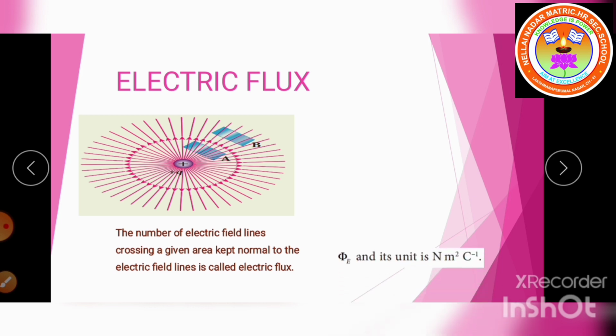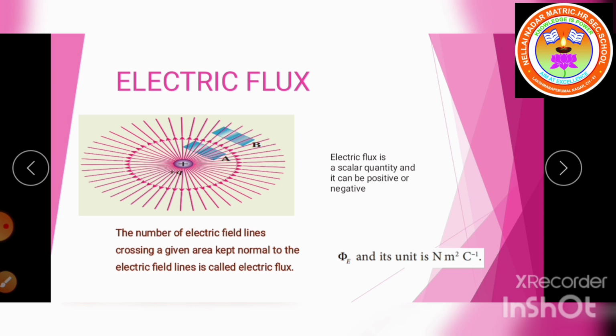It is denoted by phi E and the unit is Newton meter square per coulomb. Okay, how this unit comes we can see later. Now listen children. The electric flux is a scalar quantity because we are calculating how many electric lines are crossing a given area.